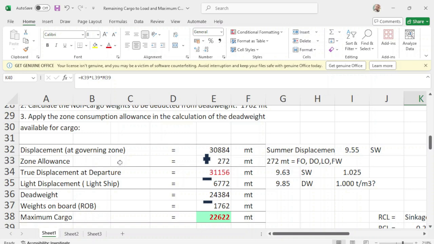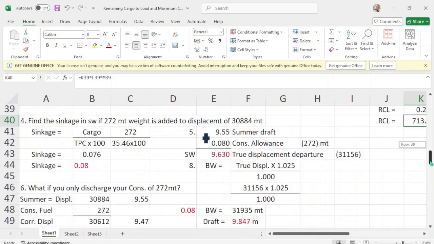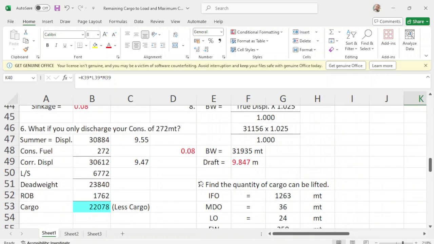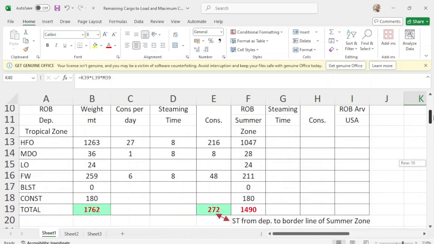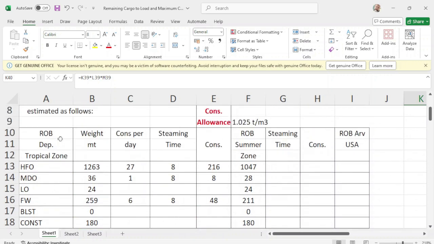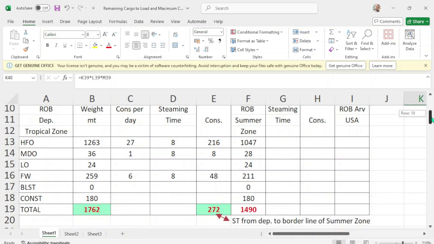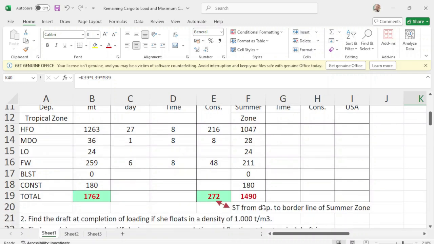So you take out the zone allowance, you just consume your fuel consumption of 272, which is this one, from your loading berth to open sea.